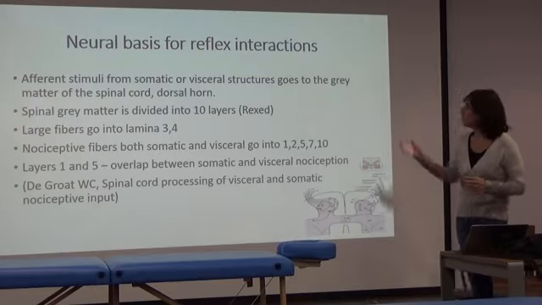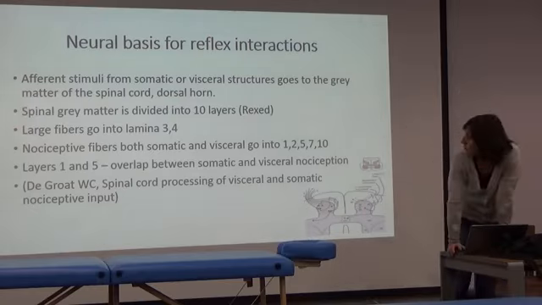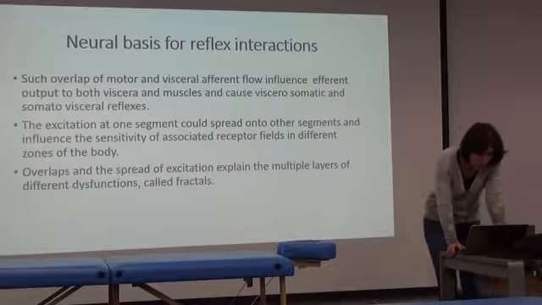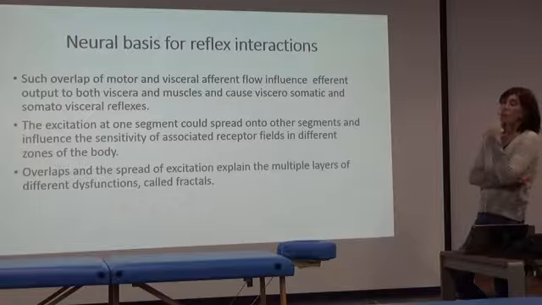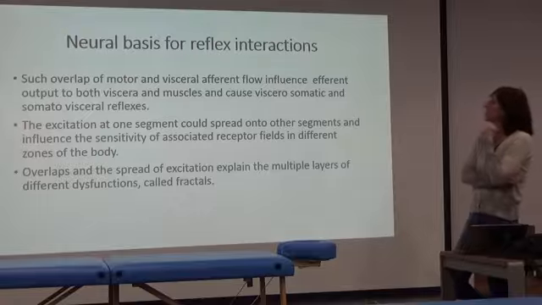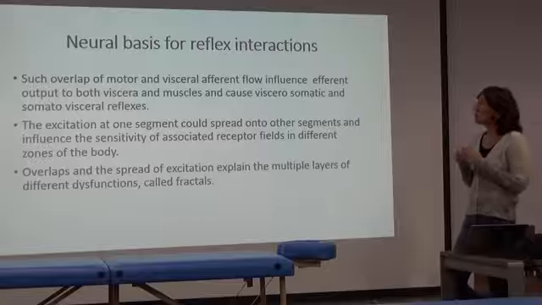And of course we can read about it very clearly in the articles of the neurologists who study those things. Now, when in laminas 1 and 5 the motor and visceral afferent flow interfere, it can cause alteration of viscerosomatic and somatovisceral reflexes, as we said before.